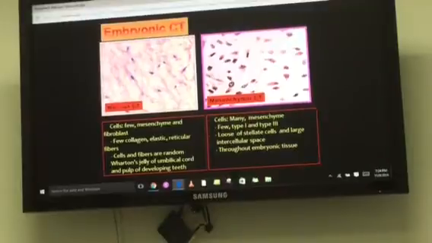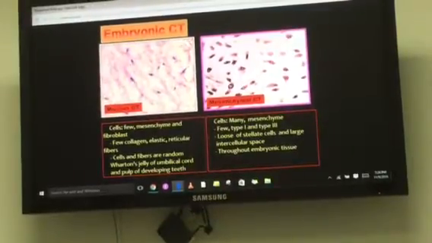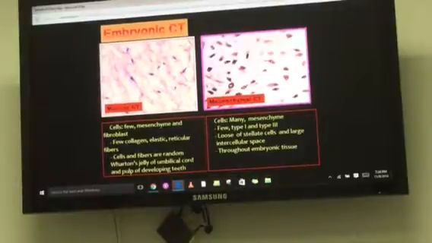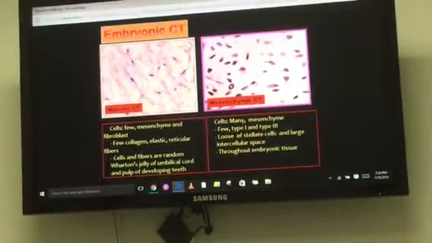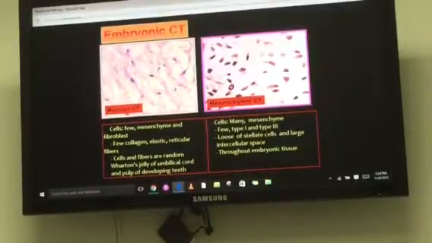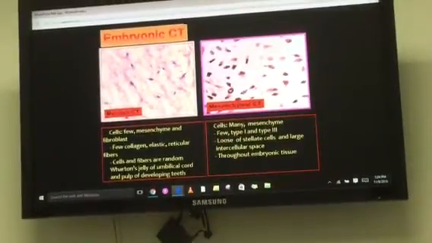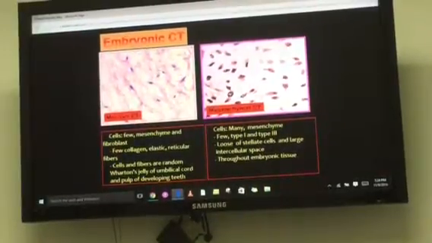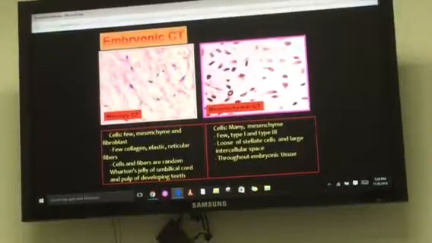And then we have embryonic CT, which is mucous and mesenchymal CT. So the mucous has cells with few mesenchyme and fibroblasts, few collagen, elastic, reticular fibers. Cells and fibers are random.